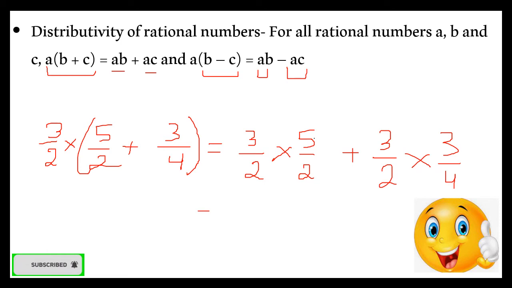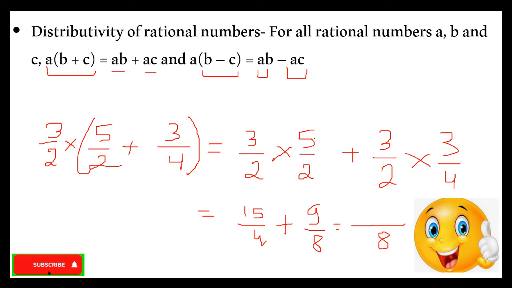And your result is here 3 5s of 15 upon 4 and then you have 9 upon 8. Then you can take the LCM of 4 and 8, the LCM is 8 here and 4 goes 2 times to become 8. So the equivalent of 15 upon 4 is 30 upon 8, and then we have the same denominator 8 with 9 upon 8.